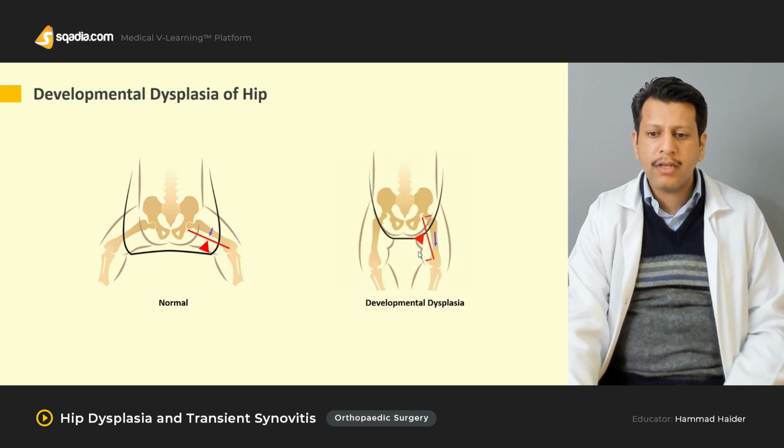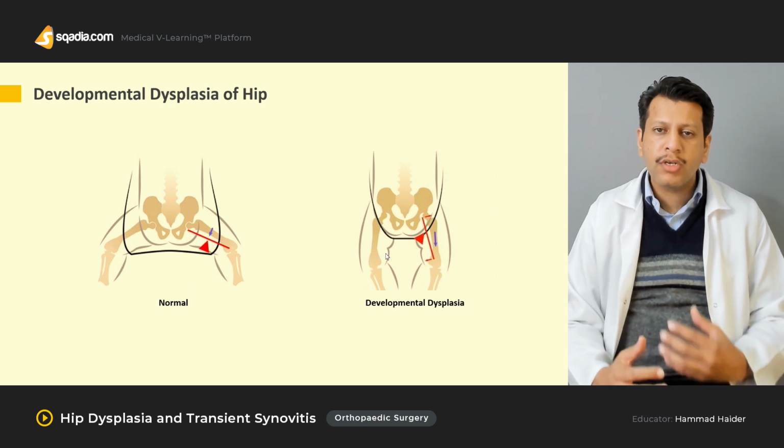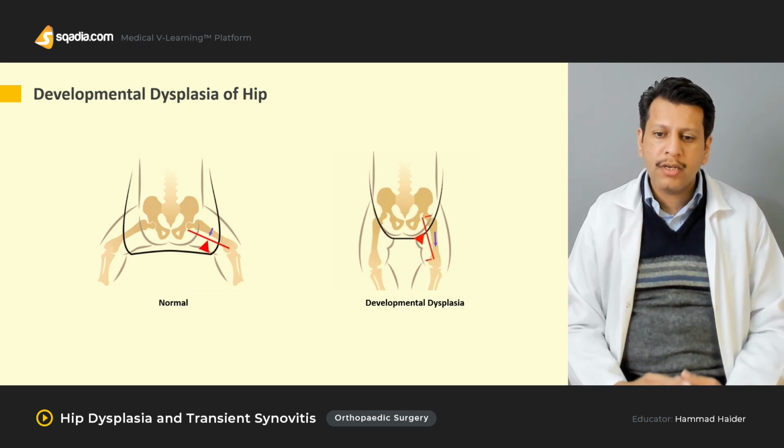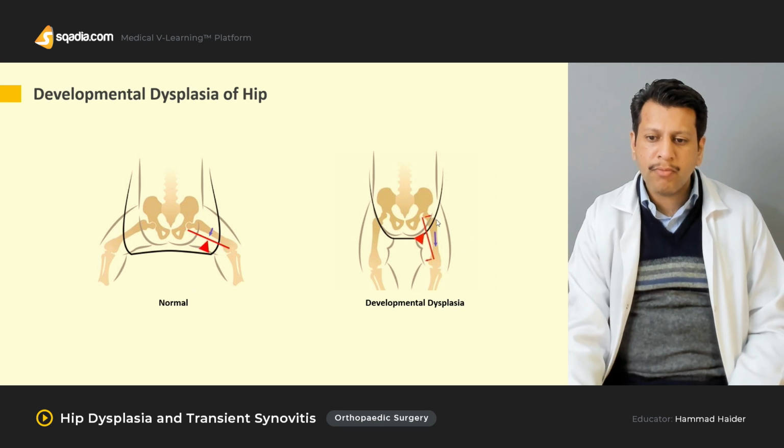If you see it over here, there is some form of dysplasia of the acetabulum which is usually present at birth, but as the child starts to walk and get bigger, this dysplastic acetabulum, which is unable to contain the head of the femur, lets the muscle acting on it push the head out and above, leading to increased dysplasia.